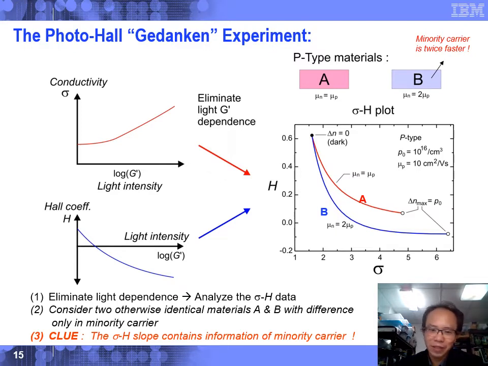In fact, for material B, because it has a faster minority carrier, or a faster electron, the trajectory of the H-sigma curve is more prominent. By the way, this curve is derived from the two transport equations that I showed in the previous slides. So the clue here is that the trajectory, or the slope, of this curve contains the information of the minority carrier.